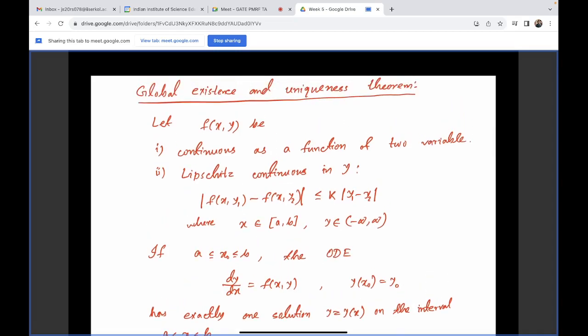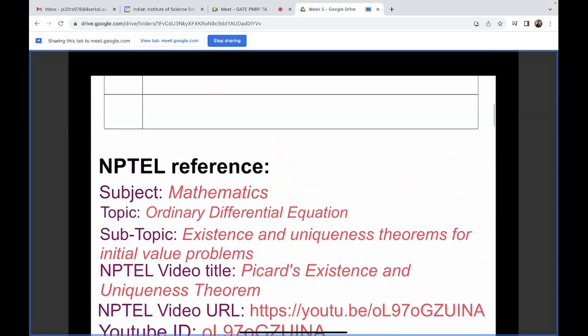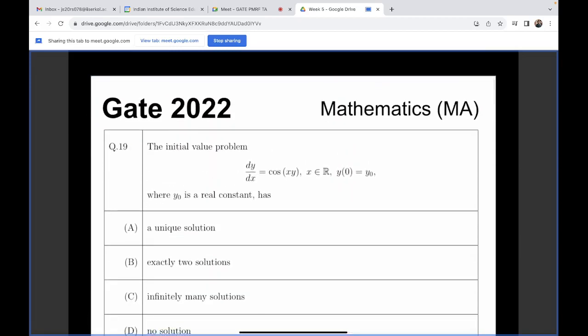So in our case, it is dy/dx = cos(xy), and y at the point 0 is y naught.